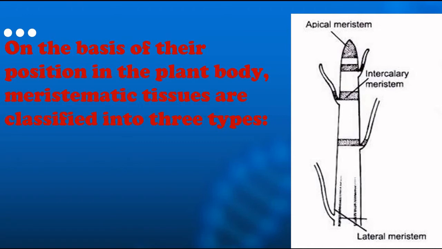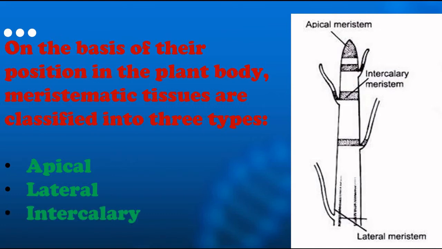It is very important to remember the names of these, because there are many divisions and subdivisions. The three types of meristematic tissue are: the first one is the apical meristem, the second one is the lateral meristem, and the third one is the intercalary meristem.